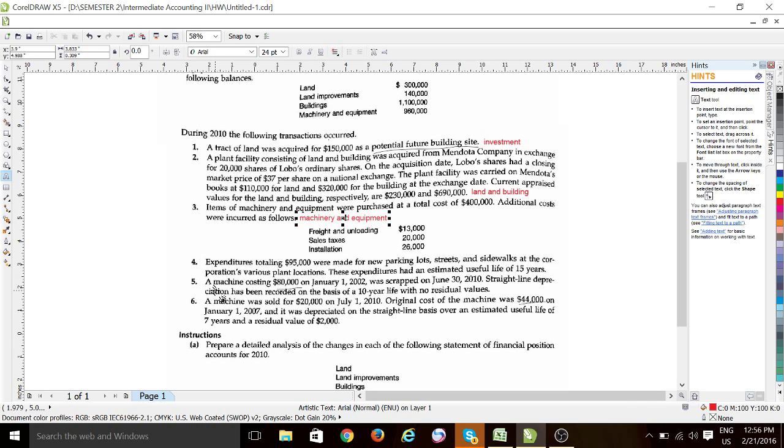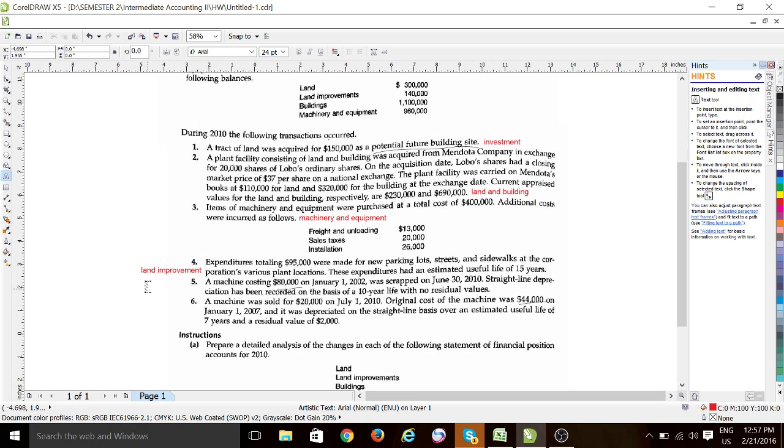The fourth transaction is an expenditure for parking lots, streets, and sidewalks. This is to improve the land, so it's land improvement. The fifth transaction is a scrap of machine on June 30, 2010.